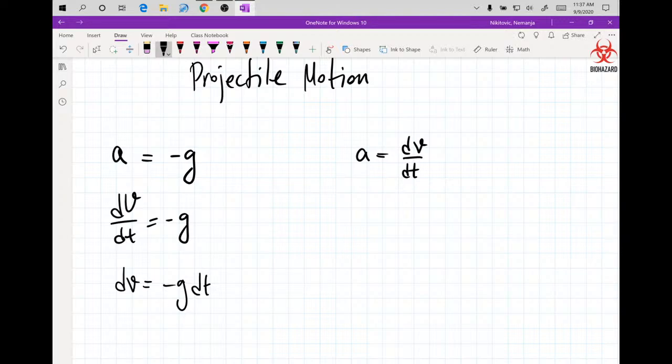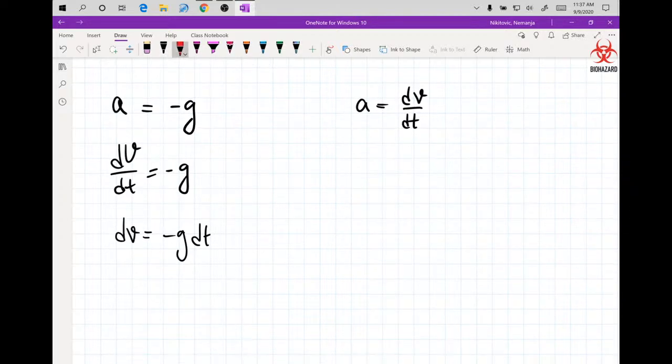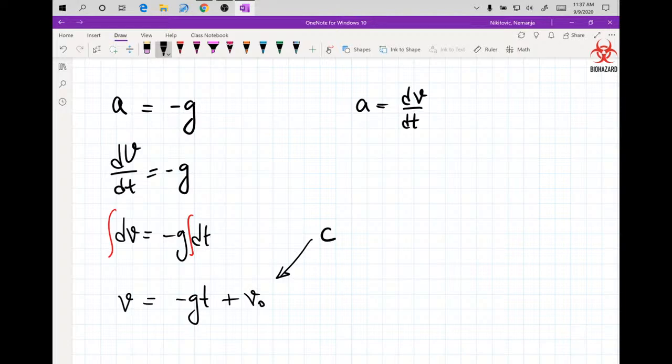And after integrating, you are getting the first general solution. So velocity is going to be negative gt plus v0. That was your C from before. So this is the general solution. Now, how do you get this to be a particular solution? Well, you tell me what the initial velocity was.